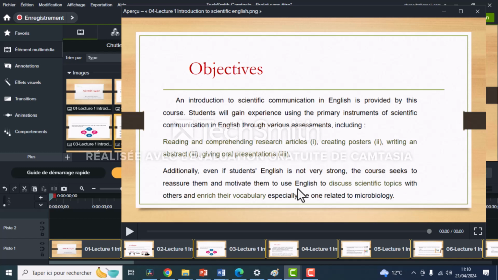Through these assessments, in this lecture or this module, we try to enhance your level in English through discussion using scientific topics, and also through enriching your vocabulary, especially in microbiology, which is your field of study.